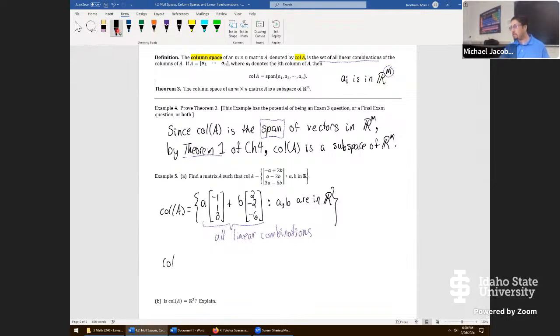This is column space of A equals now the span of -1, 1, 3, 2, -2, -6.